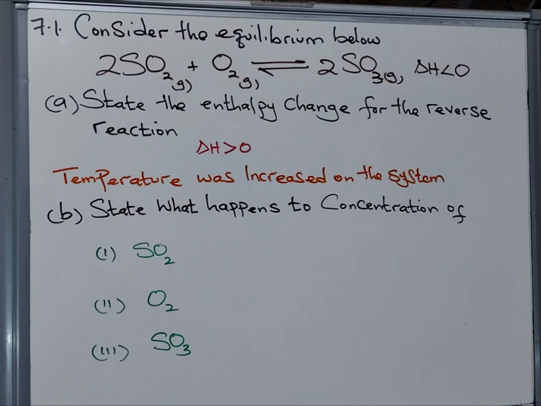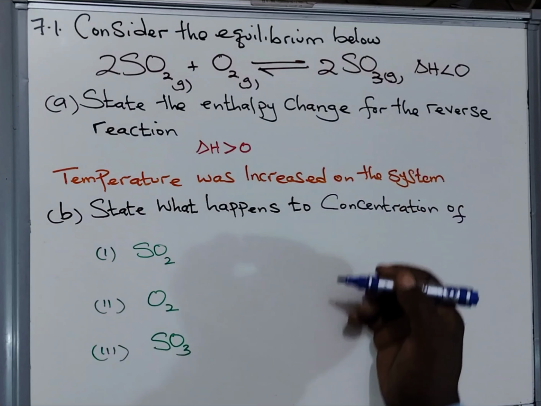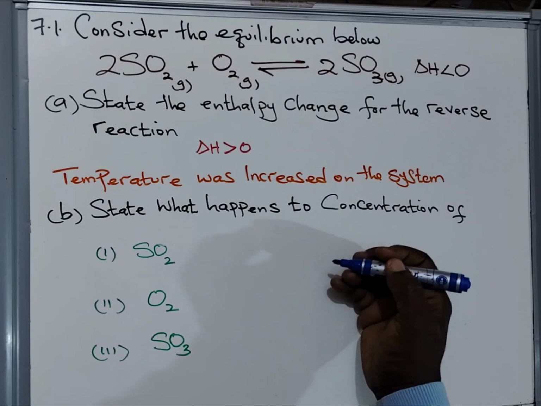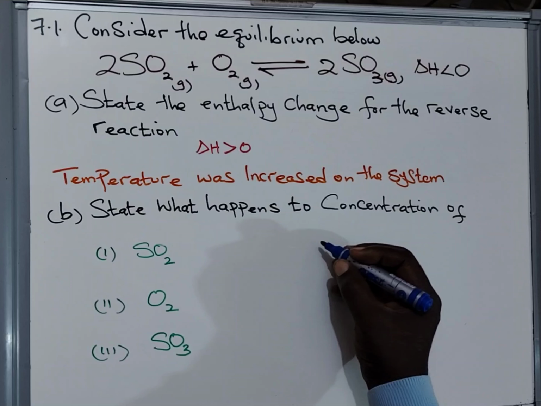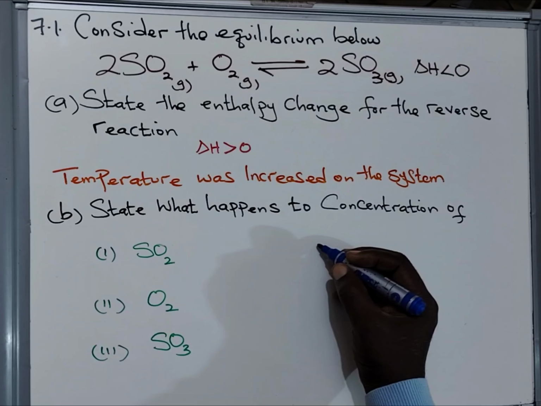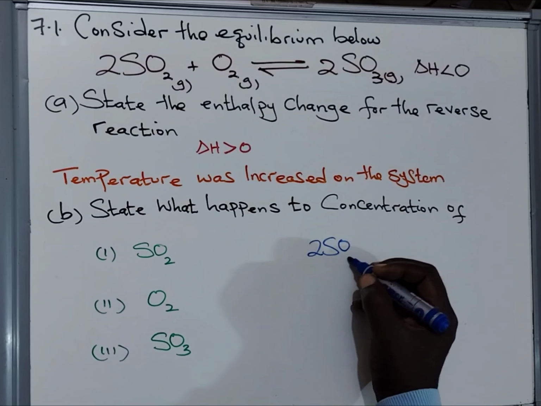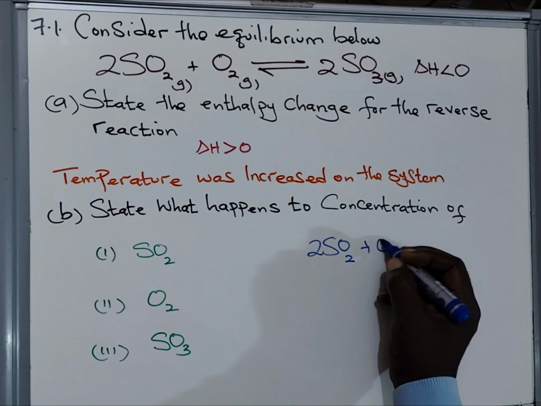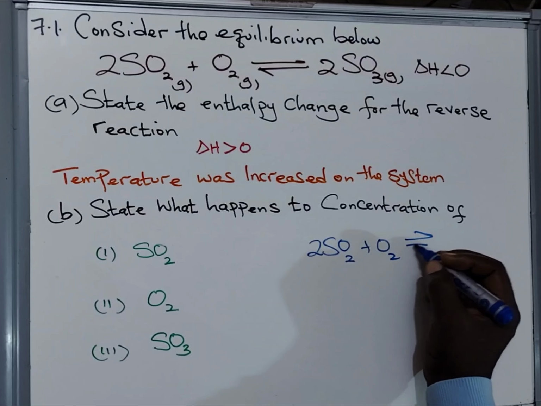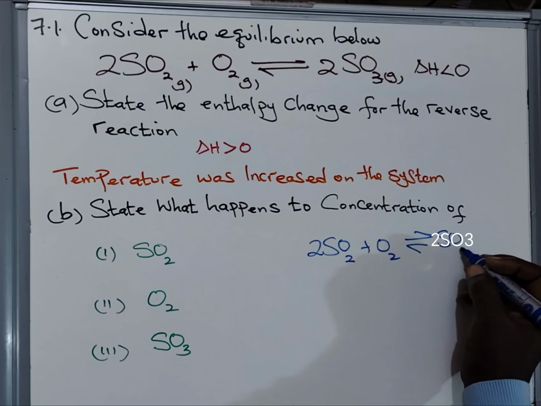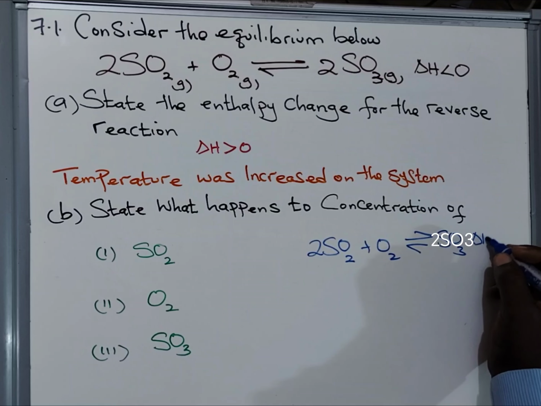And how do you go about that? Okay, let's use this space. You have to know that this is our equilibrium. It is 2SO2 plus oxygen giving you sulfur trioxide, and enthalpy change is less than 0.